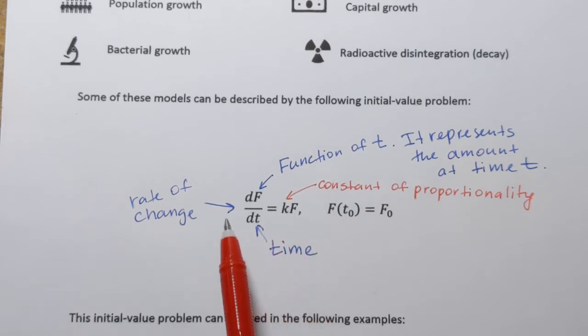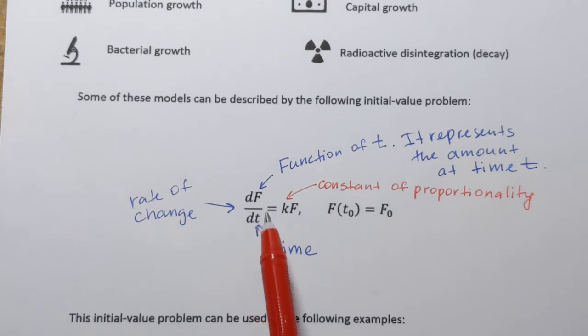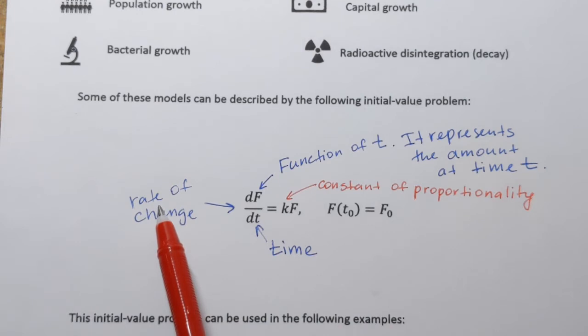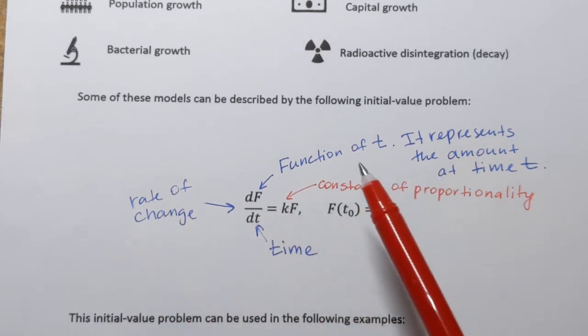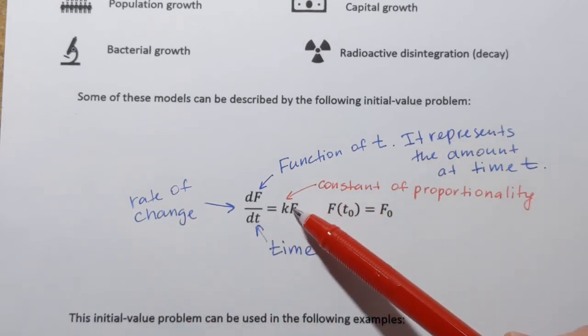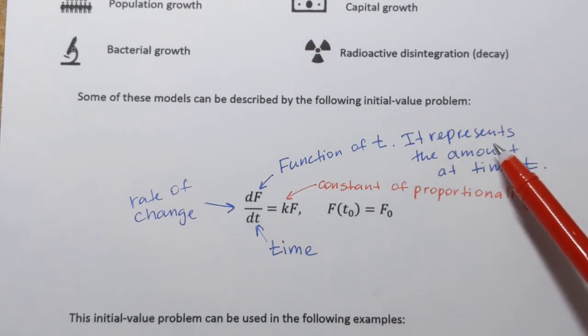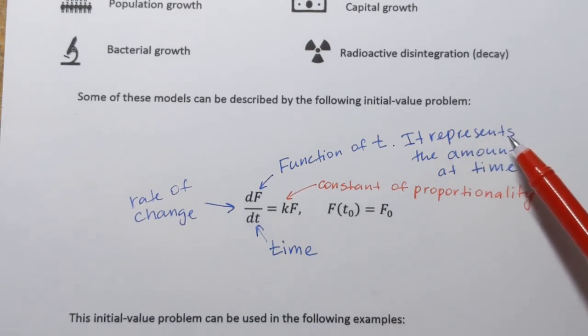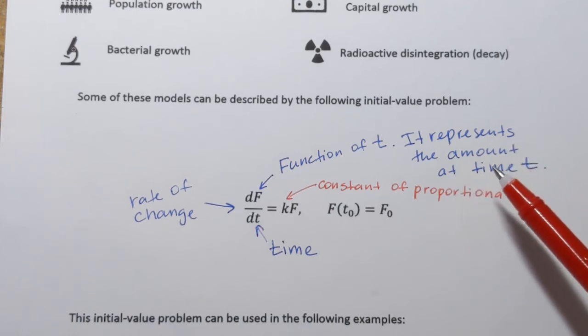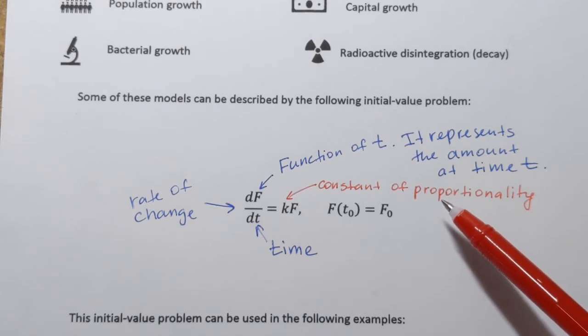So in other words, this differential equation is going to be used for the models where we can say that the rate of change is proportional to what? To the number or the amount of something, people, bacteria, radioactive substance at time t. And we'll do examples, but we'll observe that within the examples.